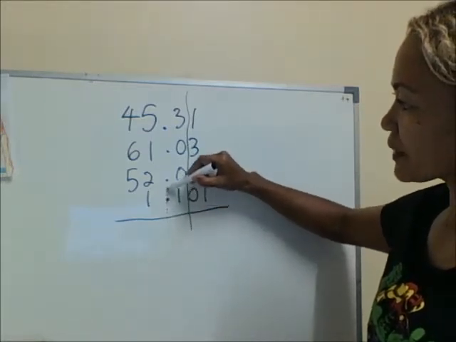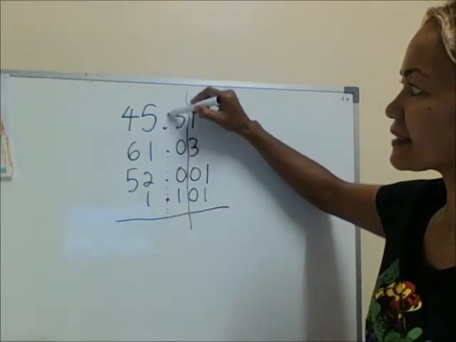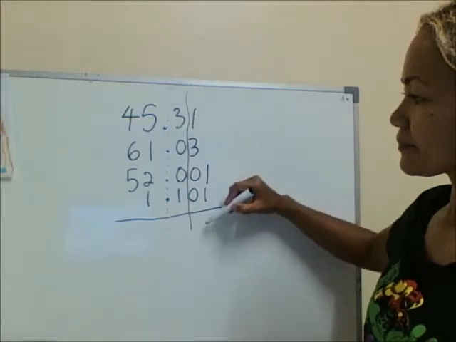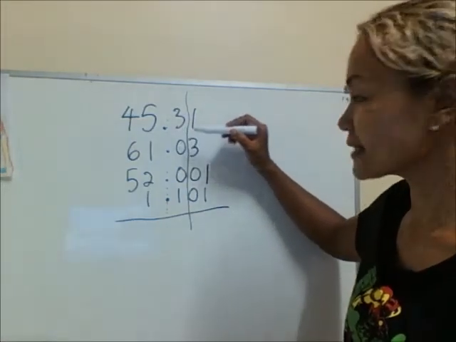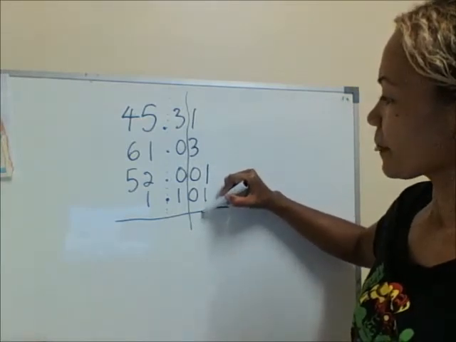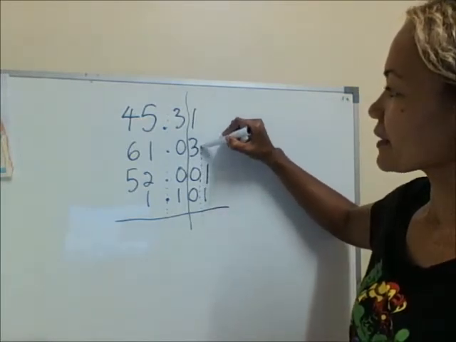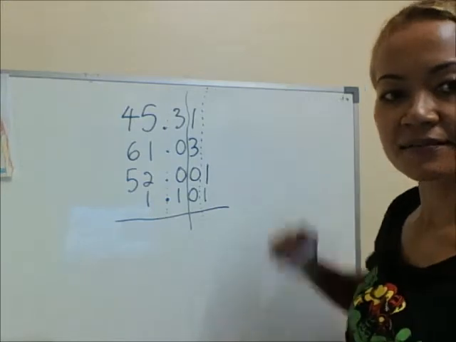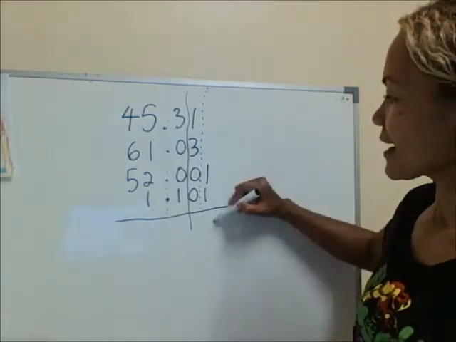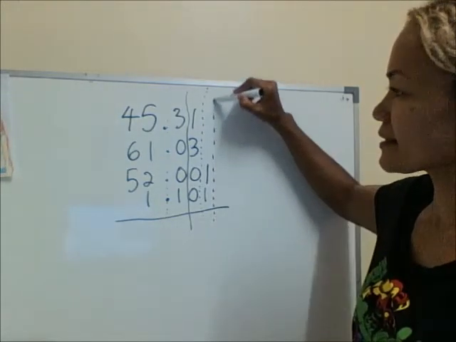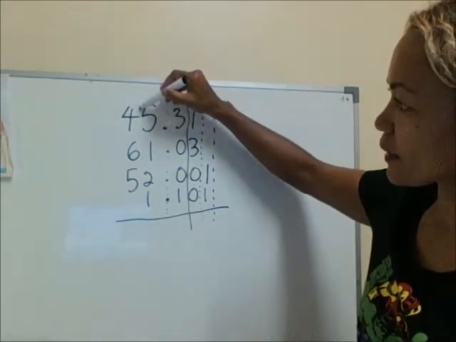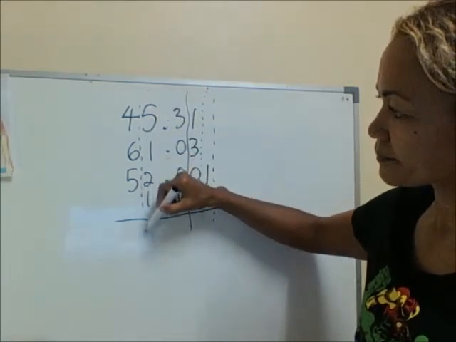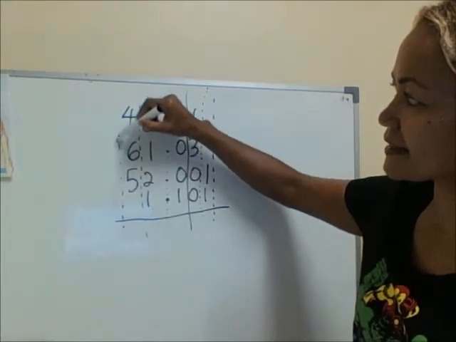So the decimal place is aligned, the tenths numbers are aligned, the hundredths are aligned, and the thousandths are aligned, as well as, of course, the ones column and the tens column.